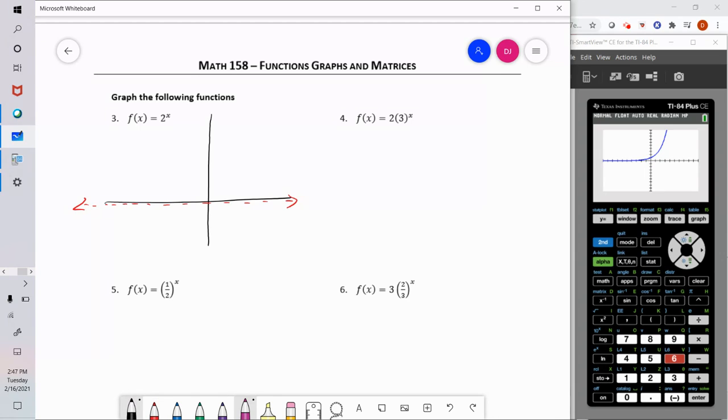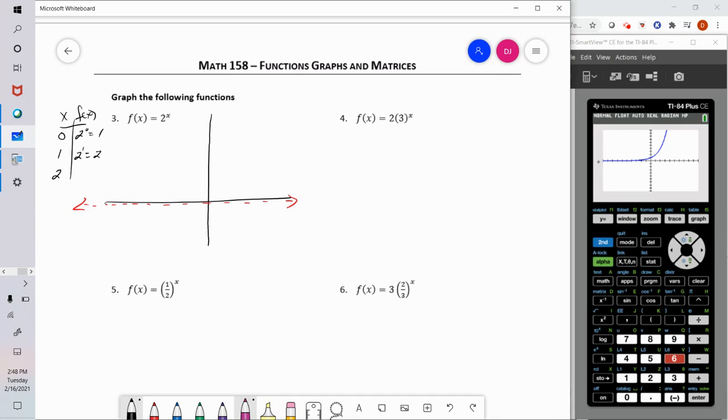Okay, so now when I go to graph this, let's make a little table of values. I don't know if I want to do this every time, but we'll do it at least a couple of times. I like to pick 0 and 1 for x. If x is 0, f of x is 2 to the 0, which is 1. If x is 1, f of x is 2 to the first, which is 2.